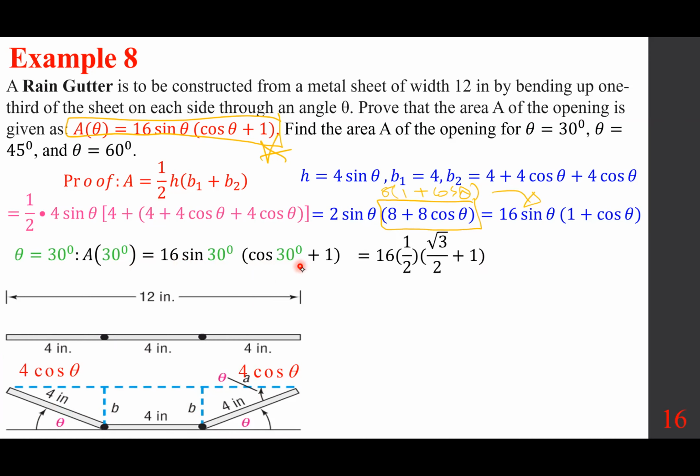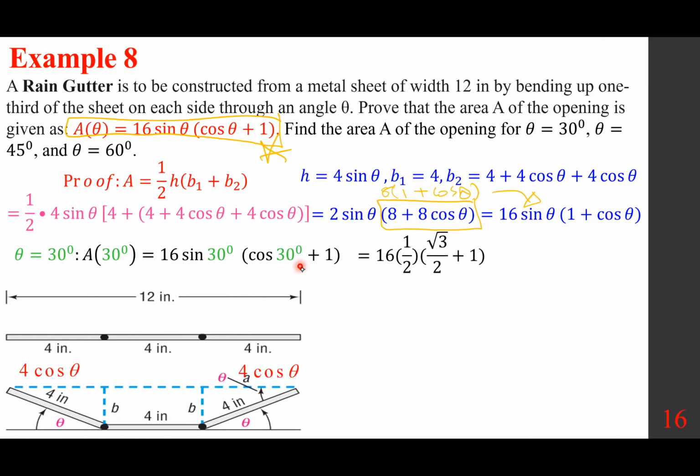This gives you 8. When you multiply by this, it gives you 4 square root of 3, and this gives you 8. And here's the approximation with a bunch of decimals.